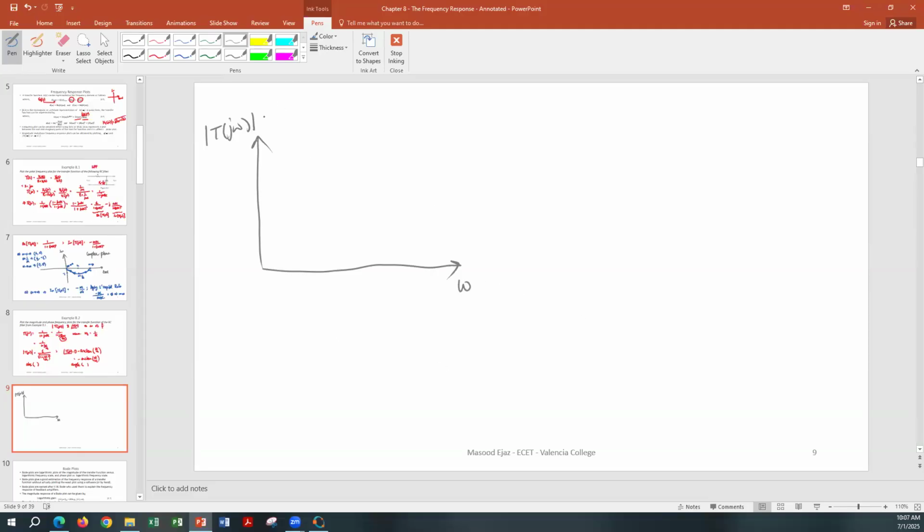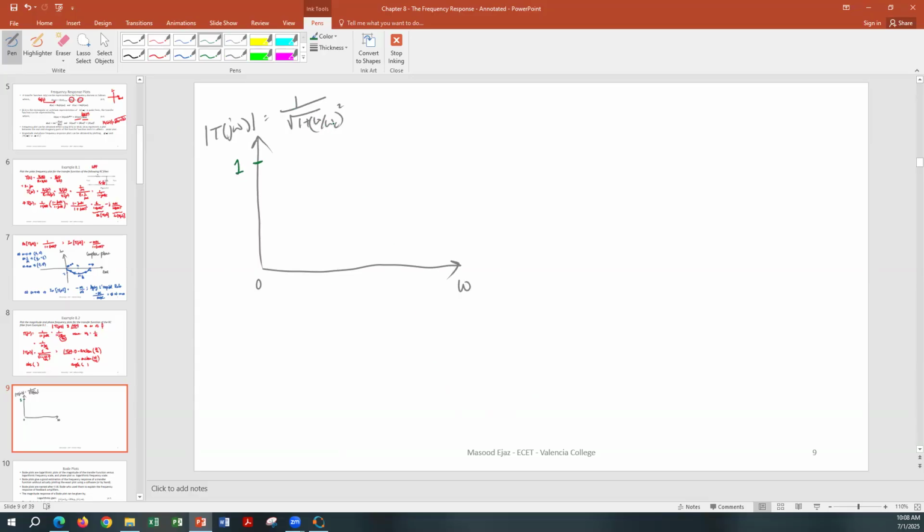So T of j omega is 1 over 1 plus j omega over omega c. All right, you start at omega equal to 0 and go towards high frequency. As we know that this is a low pass filter, so we are expecting a low pass curve. At omega equal to 0, start at 1. The peak value is 1.